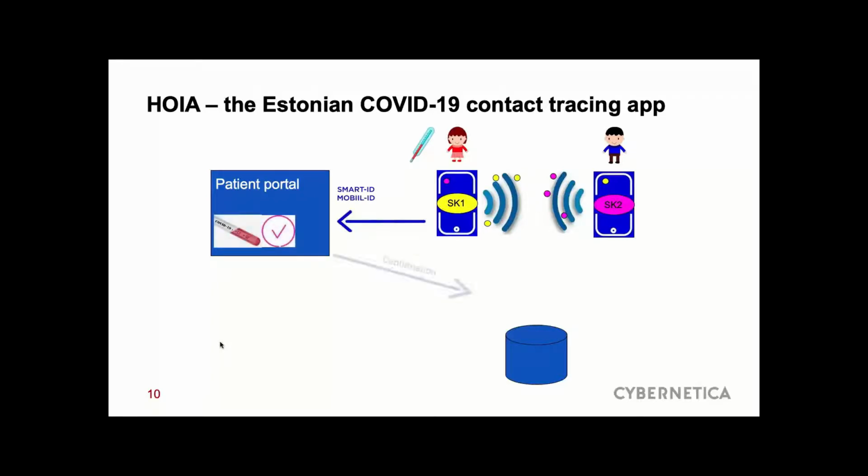And if the patient portal confirms the test results, then this confirmation will go to the contact tracing system backend, where the patient will then upload their secret key for that day. This secret key will then be downloaded by all the other users of the contact tracing system, and only those who can match the key with one of the random codes will get a notification.